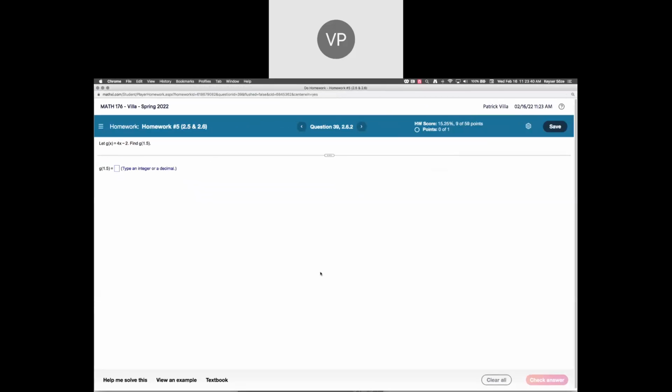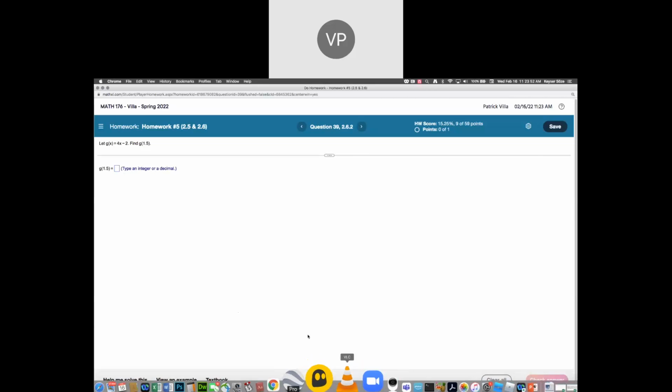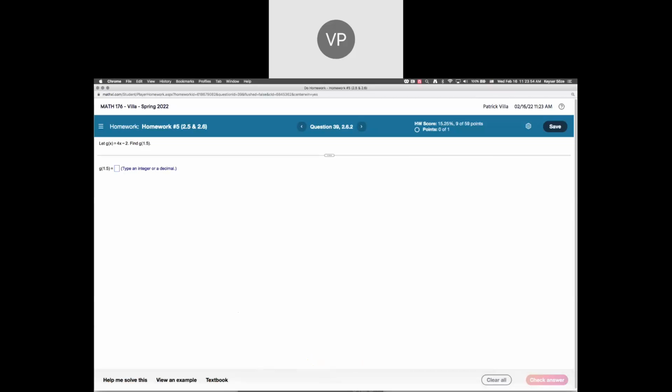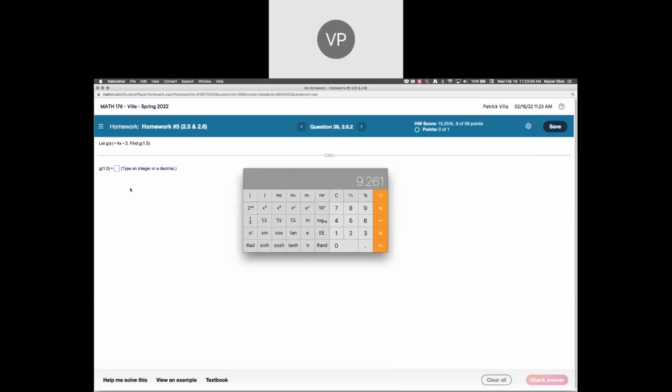Given the function g of x equals 4x minus 2, find g of 1.5. This is very easy to do, but make sure you're clear on it and know what's going on. You're just going to plug 1.5 into that function.